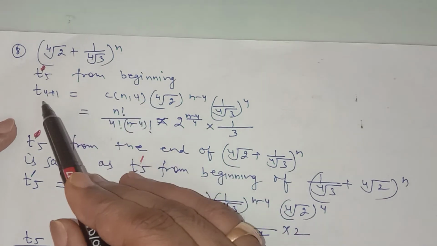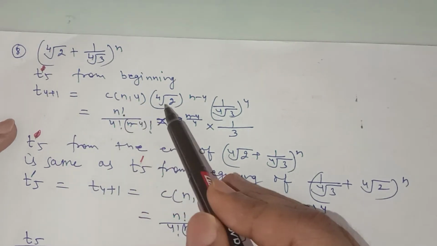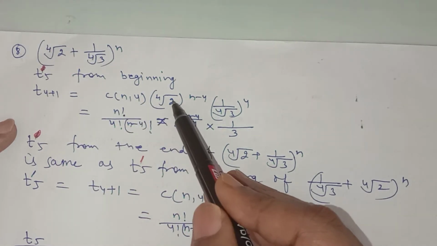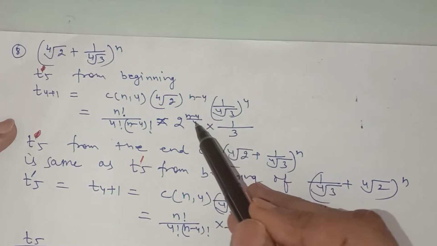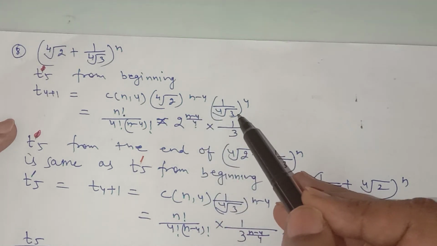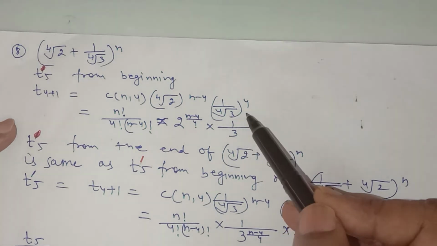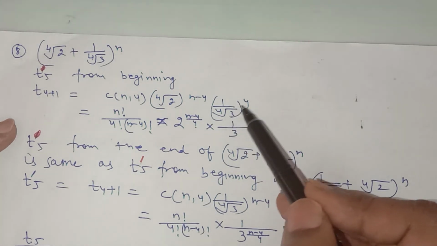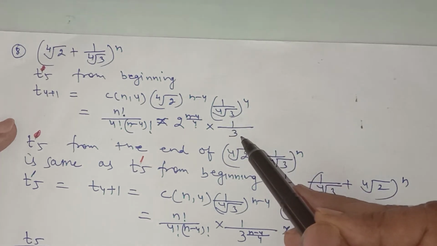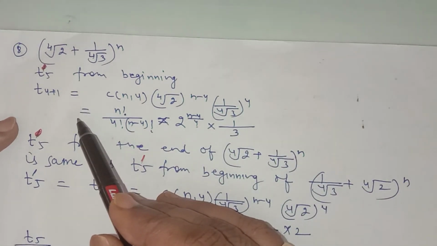So it is C(n,4) times 2 raised to (n minus 4) upon 4, times 1 upon 3, since the fourth power of the fourth root is 3. That is the fifth term from the beginning.